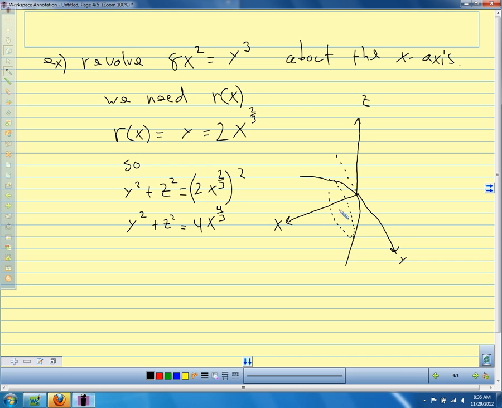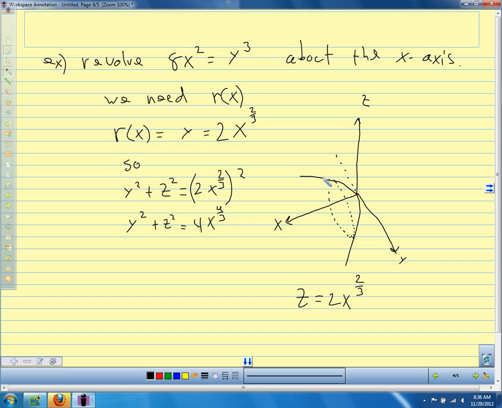Now, one thing to remember about surfaces of revolution is that the generating curve is not unique. We could form this same surface by revolving z equals 2x to the 2/3 about the x-axis. So we looked at our generating curve in the xy plane. We could look at the generating curve in the xz plane, revolve that about the x-axis, and get the same surface.